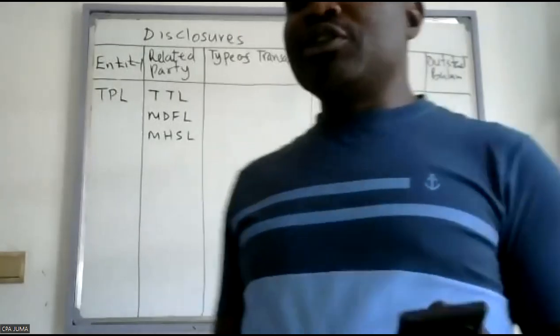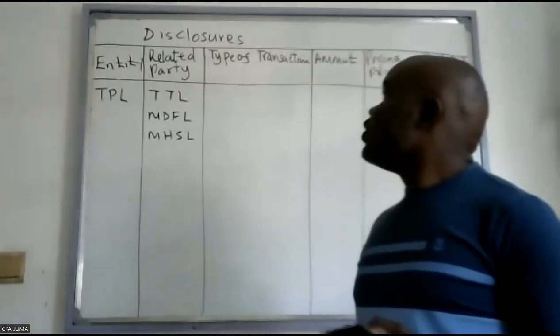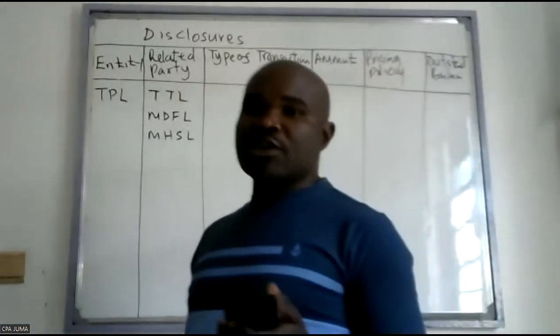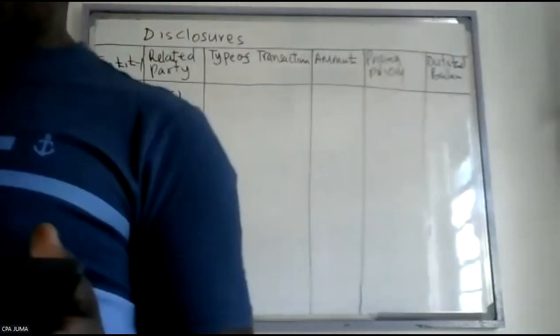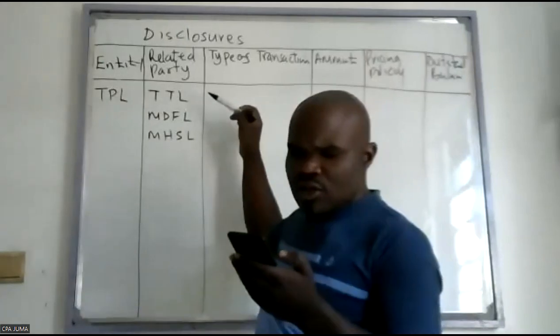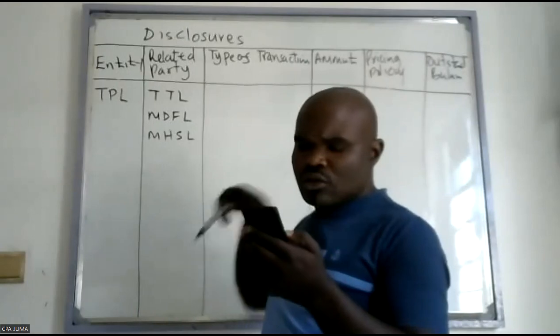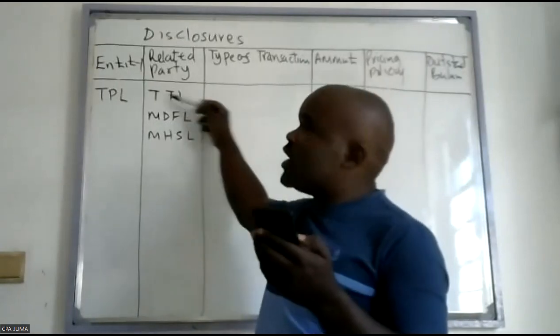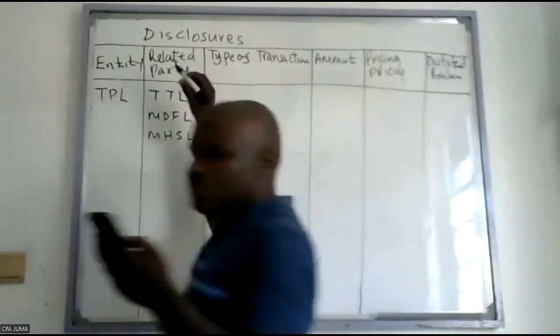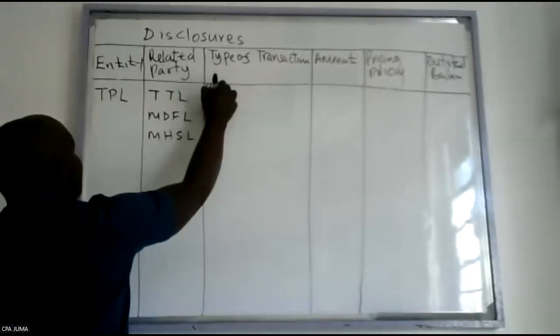So those we have to disclose. So we check the type of transactions. With TTL, who was selling? TTL is the one selling to TPL. So this is purchase.